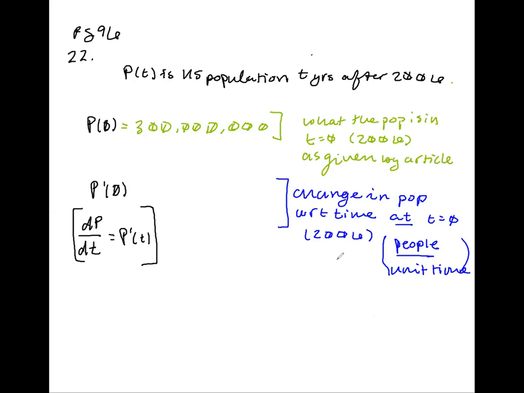Wouldn't it be undefined? Why do you think it would be undefined? Because you can't divide anything by 0. We're not looking at time quite equal to 0. This unit of time is like per year, basically, or per minute.